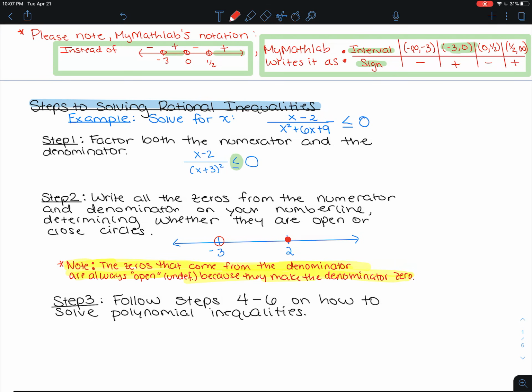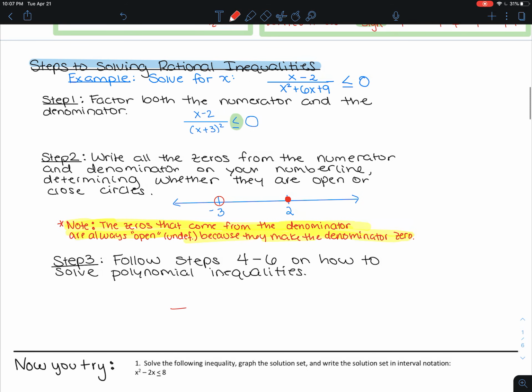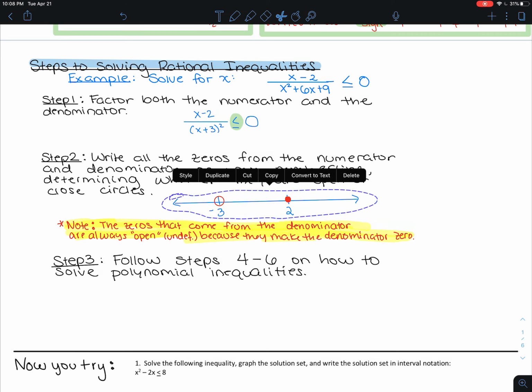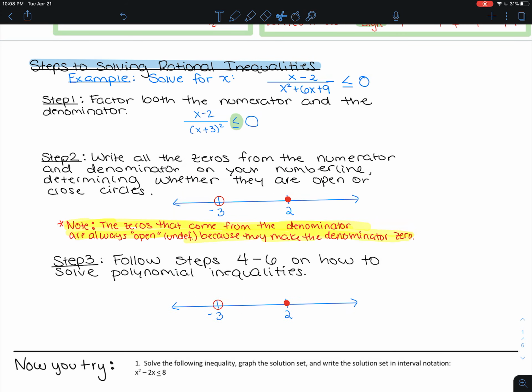And then we're following the same steps as for the polynomials, from 4 to 6, where we now have to determine whether I have positive or negative intervals. So I'm just going to copy and paste. I don't have to do it again. In this case, we are plugging in a value from each interval into x minus 2 over x plus 3 quantity squared.